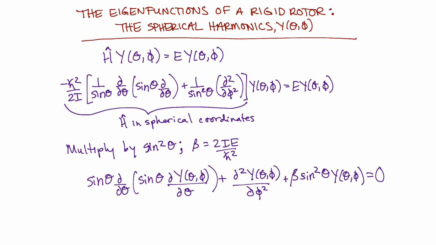Now we need to solve this partial differential equation, and wouldn't you know, we are going to use our favorite method of solving partial differential equations, the separation of variables method.